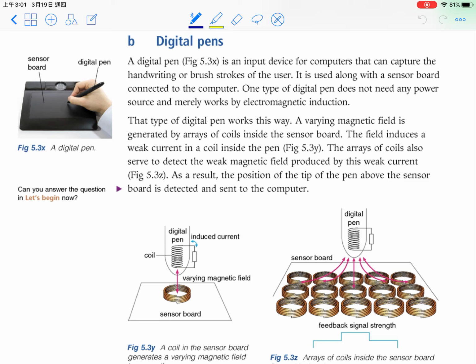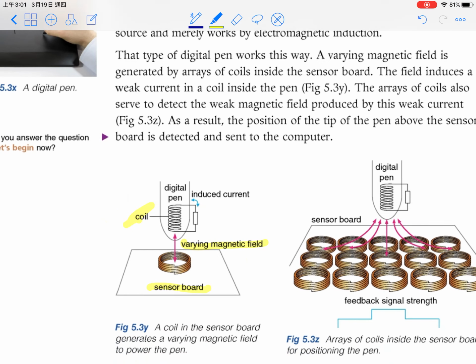Digital pens are an application of electromagnetic induction. For the pen, you have coils. For the sensor plate, we have a varying magnetic field, because current is connected through the coils in the sensor board.